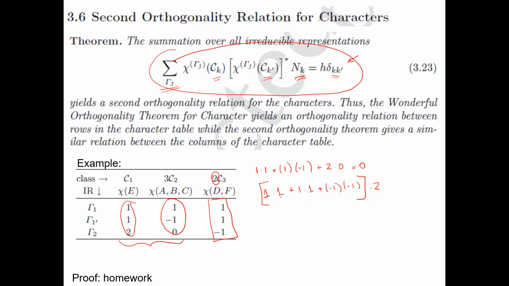So it's 1 plus 1 plus 1, 3 times 2. This is equal to 6, which is the order of the group. So we have just verified this result, and as I said, the complete proof I leave as homework to you. It's in the textbook.